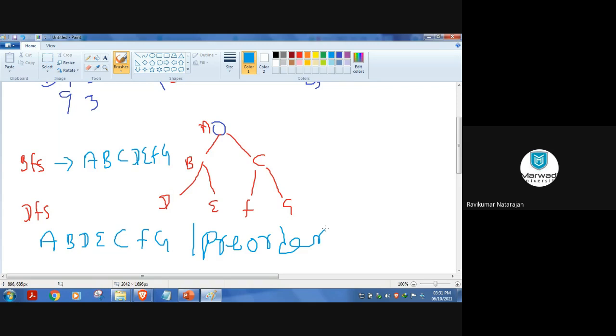Now we apply both these methods, but not both for all. For DFS we use stack. You can't use queue here. And for BFS we apply queue. I'll tell you why. Can you guess the reason why we use stack in DFS and queue for BFS?